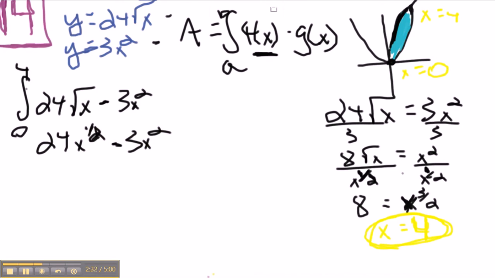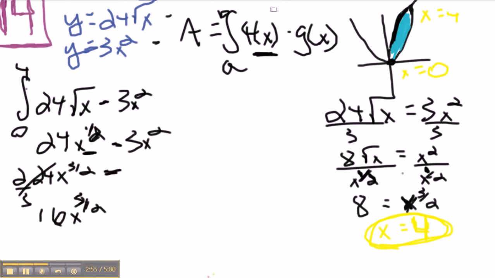So this becomes x to the 3 halves. You can divide 24 by that, so essentially you're multiplying 24 by 2/3. And that's going to end up being 16 down here. That's 3 halves, yeah.